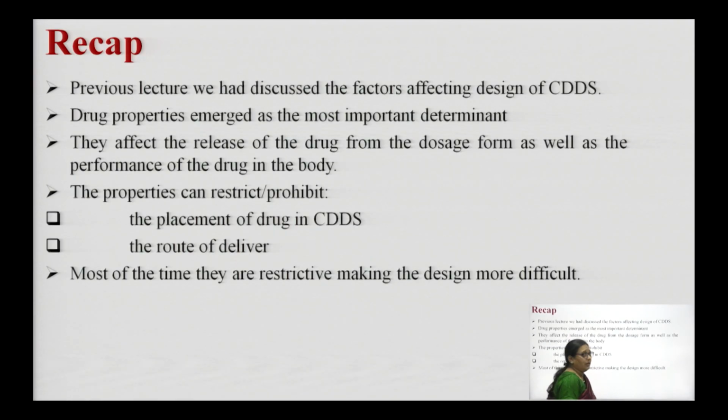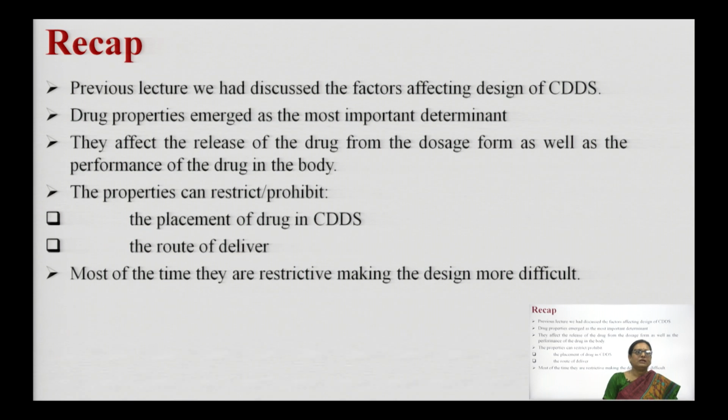Before we begin today, I would like to take a recap from the previous lecture. In the previous lecture, we had discussed the factors affecting the design of controlled drug delivery systems. The drug properties emerged as the most important determinant in designing such systems. They affect the release of the drug from the dosage form as well as the performance of the drug in the body.